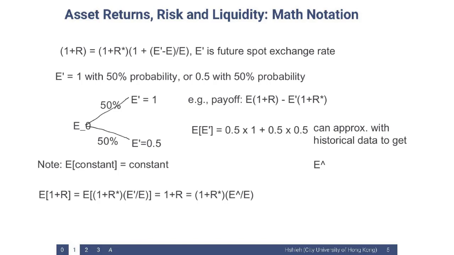Then our equation will look like the following, assuming you're doing the same currency conversions. Oh, sorry. 1 plus E. E prime is future price, future spot.